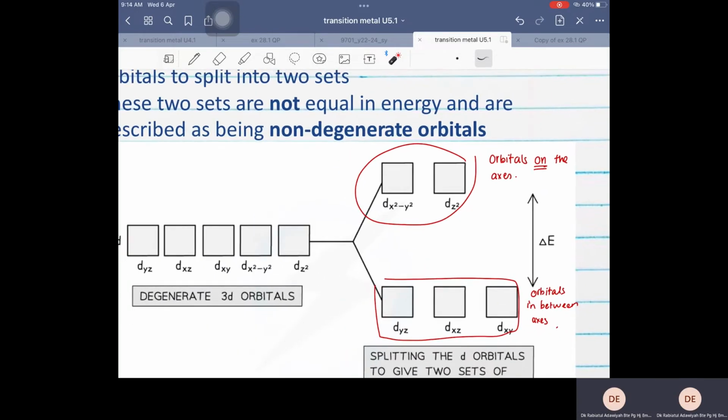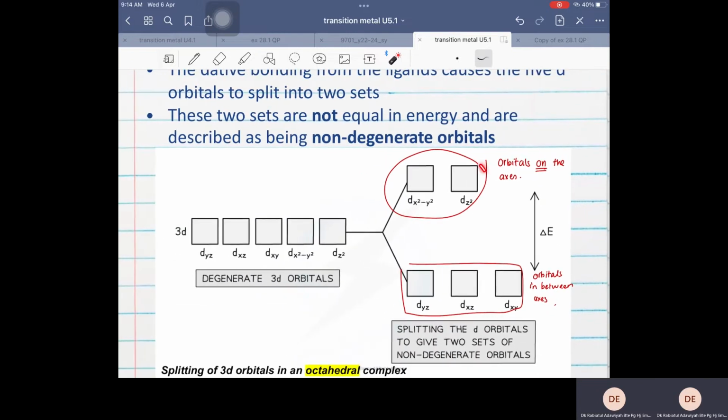That's for octahedral. So this splitting in energy for the d orbitals means they are now called non-degenerate because they no longer have the same level or same amounts of energy. And the difference between these two energy levels is called delta E, or the splitting energy.